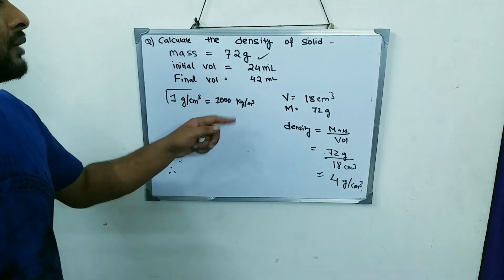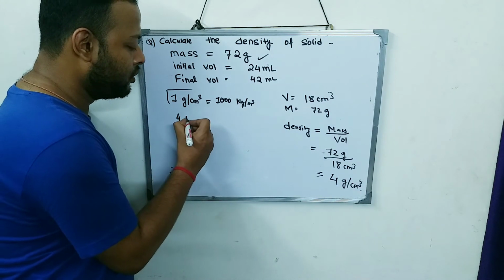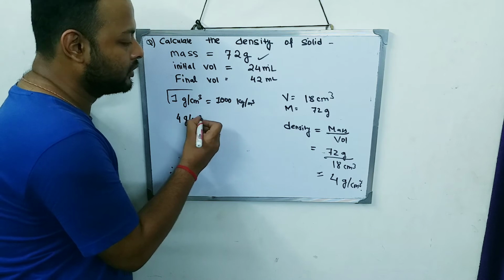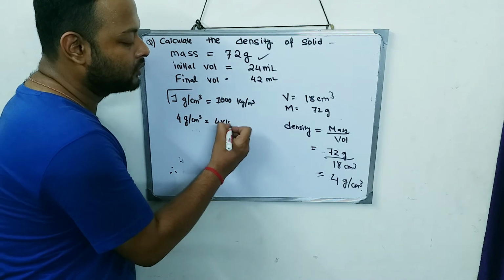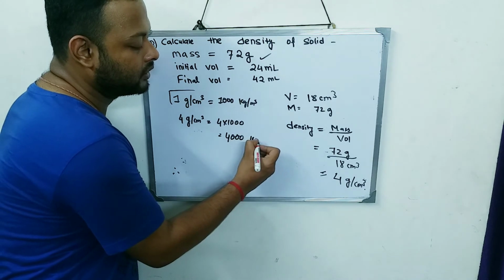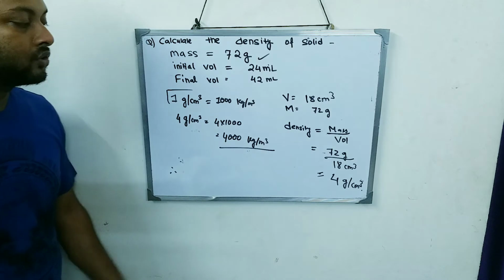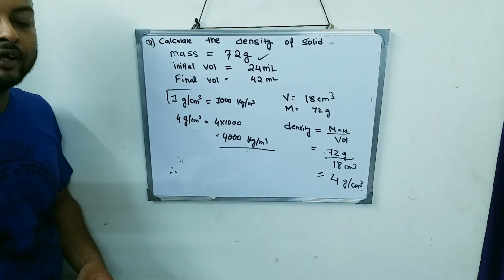So 1 gram per centimeter cube is 1000 kg per meter cube. So as a result, 4 gram per centimeter cube is equal to how much? 4 into 1000, that will be 4000 kg per meter cube. So it is very easy.